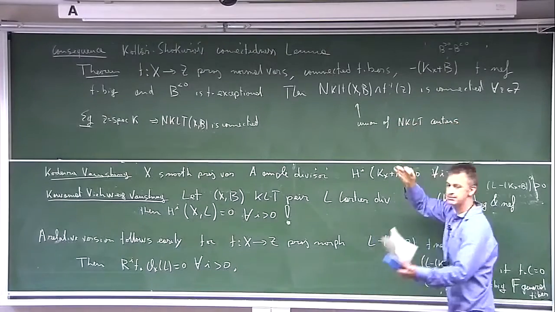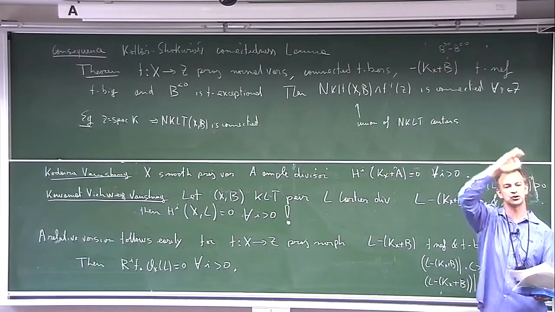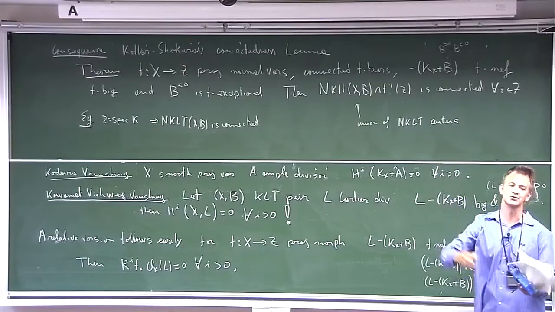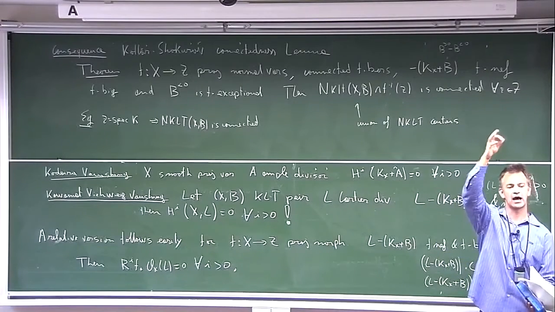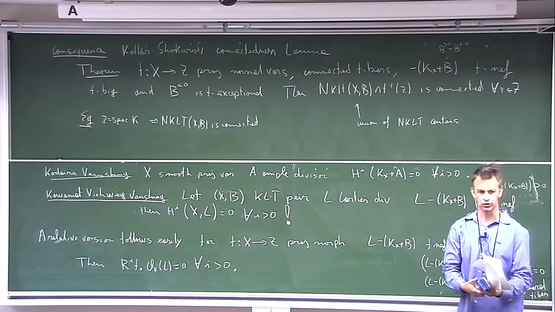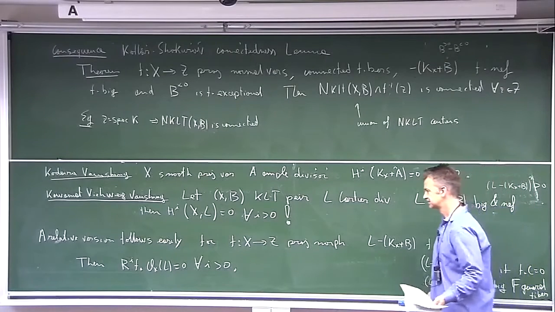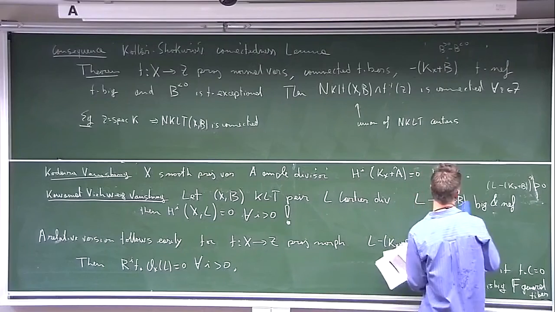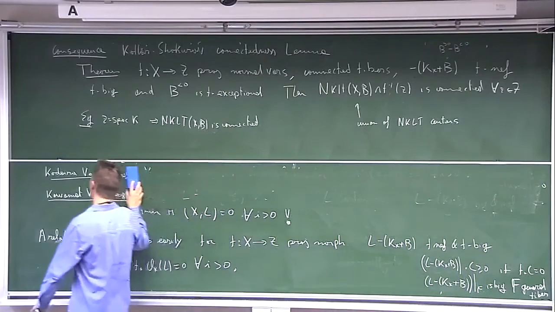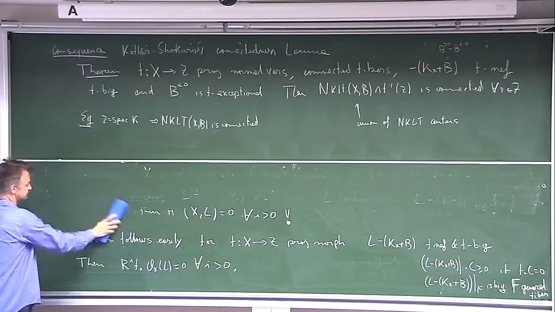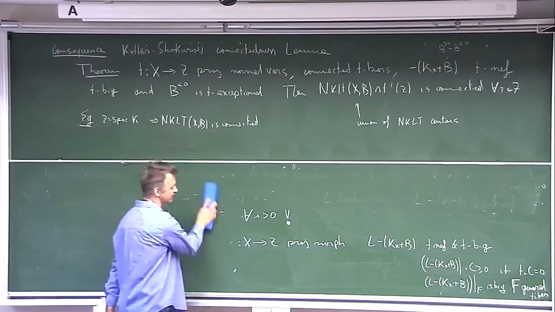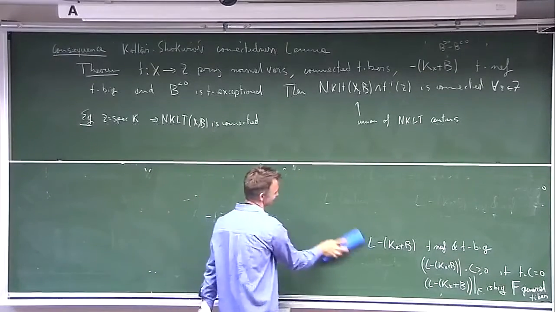So if this had simple normal crossing, it's everything with coefficient greater or equal to 1. If it doesn't have simple normal crossing, you have to go to a log resolution. You look at everything with coefficient greater or equal to 1, and you take its image. That's the non-KLT locus. It can have components of different dimensions, except for the dimension of the variety. Stupid reason.